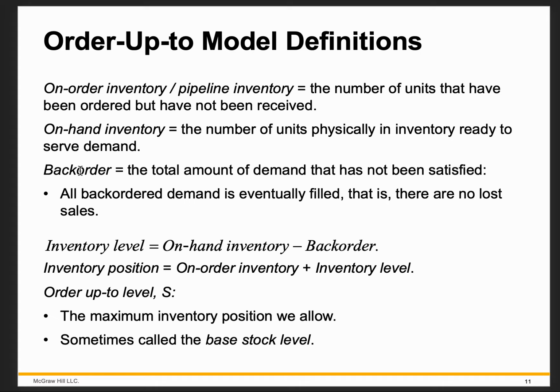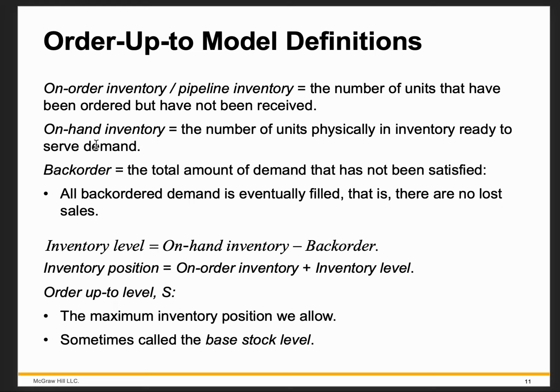Back orders are the total amount of demand that is not satisfied, right? On-hand inventory at any point in time will always be positive or 0. You either have some units of inventory on hand or 0, but the inventory level is different from on-hand inventory. Inventory level is the amount you have on hand minus the back orders.